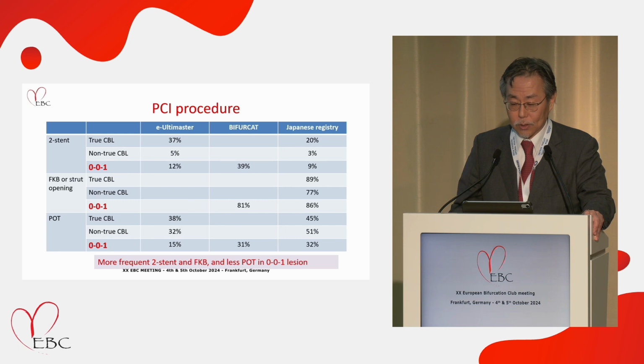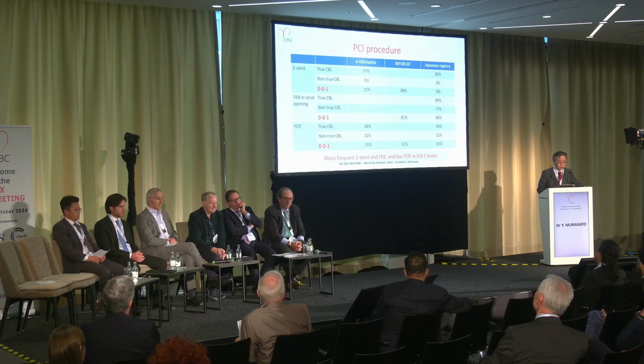True bifurcation regions have significantly higher 2-stent performance compared to non-true bifurcation regions. However, the 001 region has more frequent 2-stent use compared to the other non-true bifurcation regions: Japanese registry 9% versus 3% in the other non-true bifurcation regions, E-Archmaster 12% versus 5%. Only the bifurcated trial performed 2-stent at 39%.